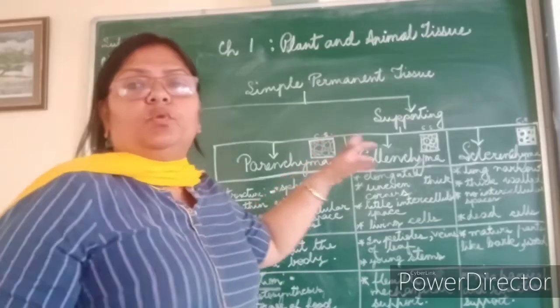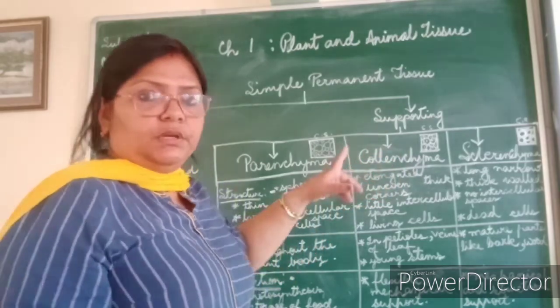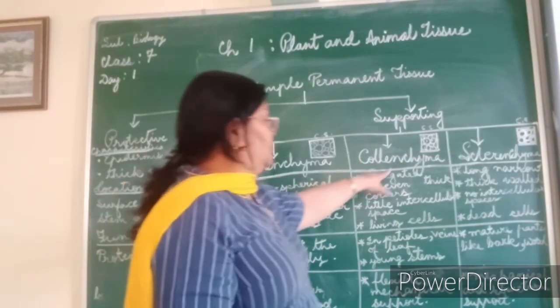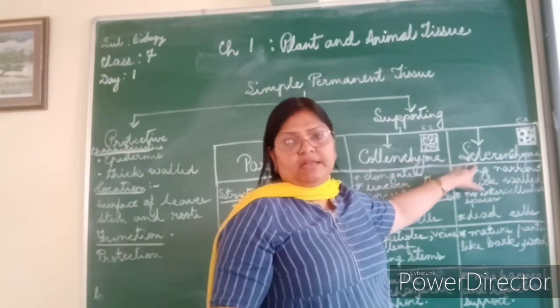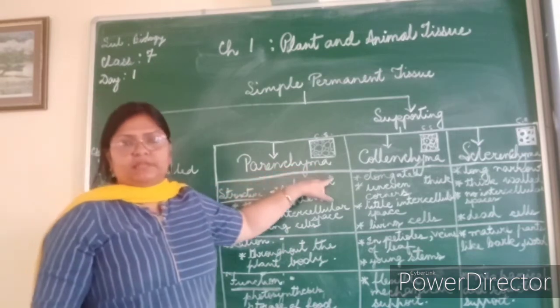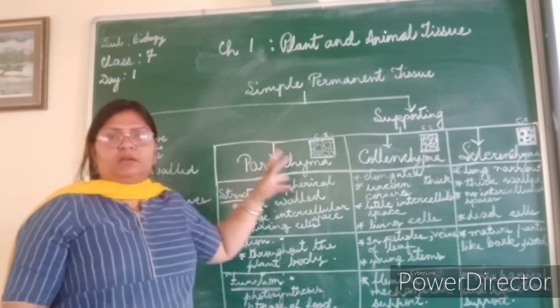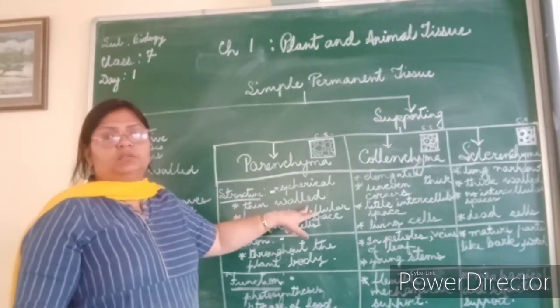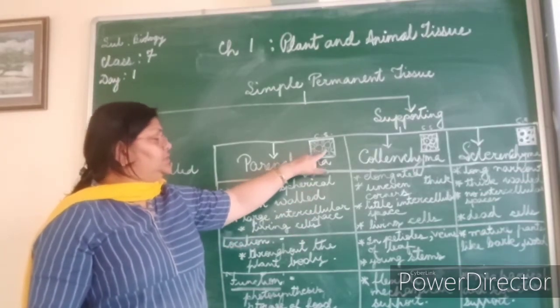Now coming to the supporting simple permanent tissue, we started with the types, that is parenchyma, collenchyma and sclerenchyma. Now the characteristics of the parenchyma cells. It is spherical, more or less rounded in structure. The cells are thin walled. You can see the drawing.